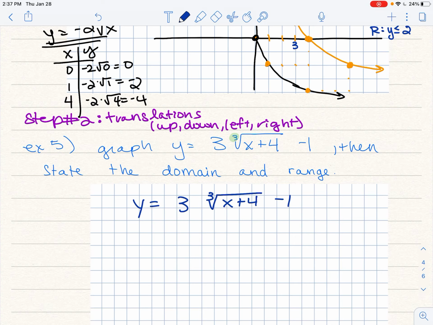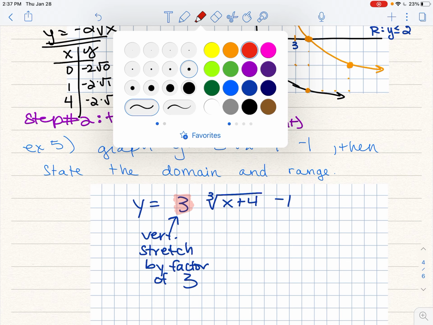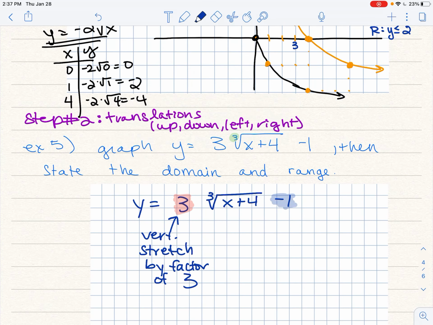So we know for this first one, this is a vertical stretch by a factor of 3. We know this one outside here is a vertical translation, and it's -1, so it's just going down 1 unit.